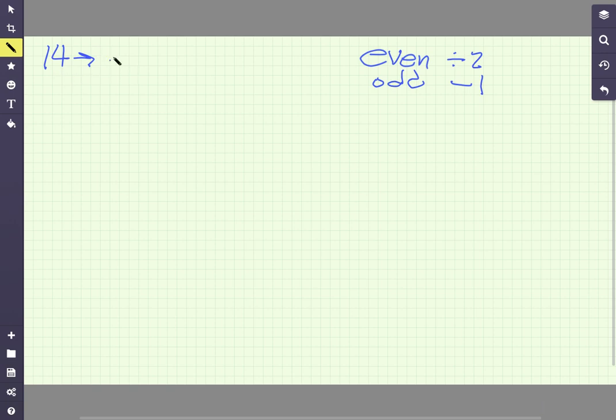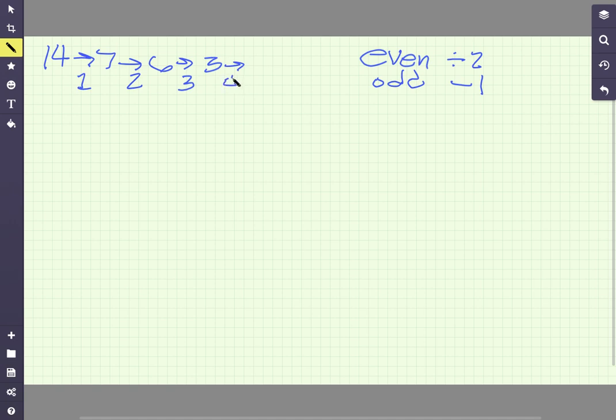So with 14, I guess in a for loop, we're going to check it's even. Cool. So step 1, we're going to turn it into 7. Now it's odd. So step 2, we're going to make it 6. This is even. Step 3, we're going to make it 3, right?